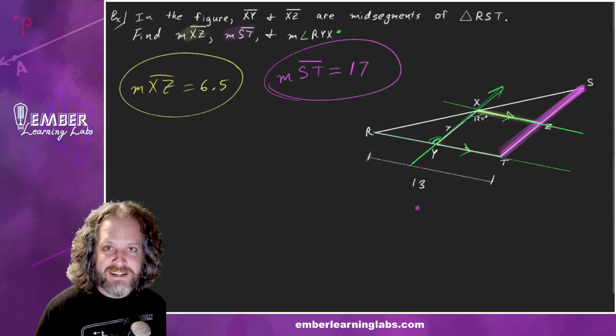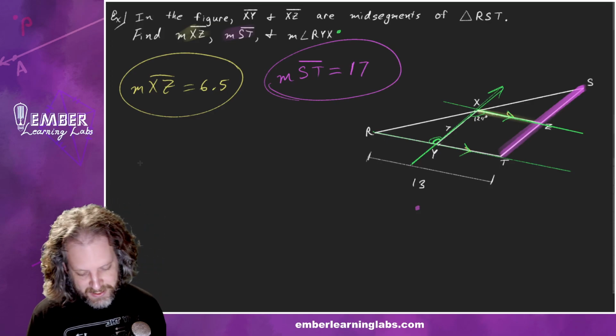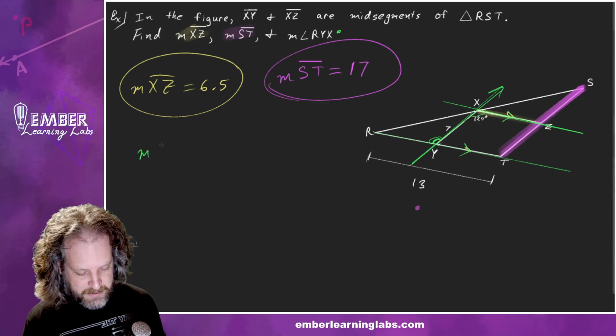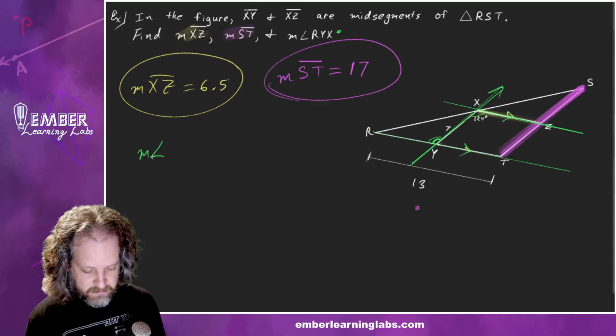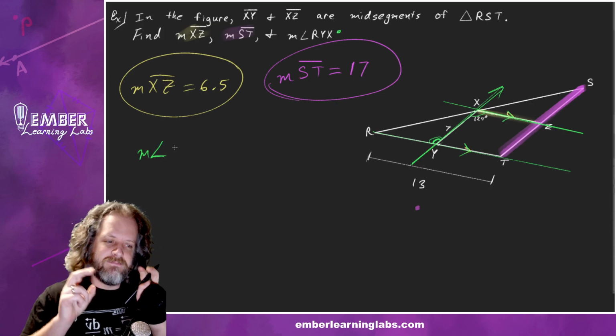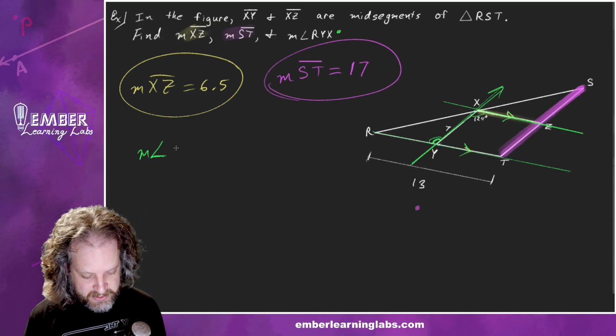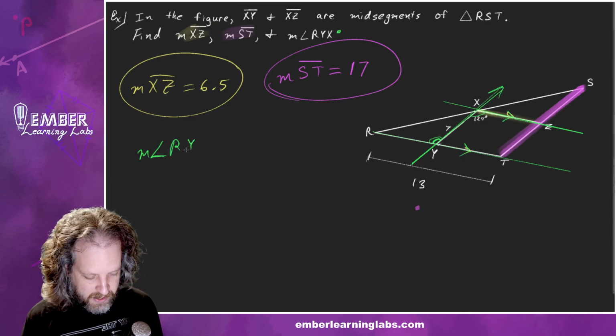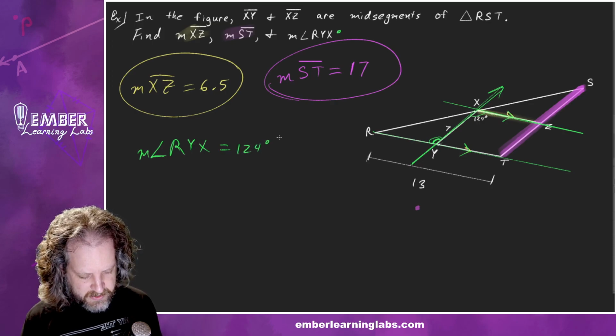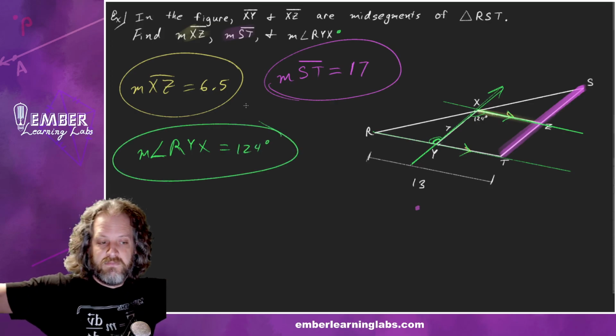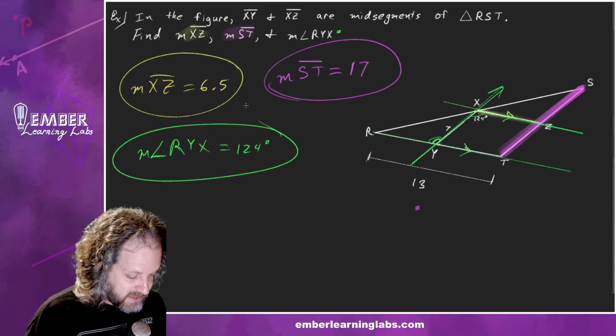Those are alternate interior angles. They're congruent, which means that without doing any algebra, any arithmetic really, we can just say that the measure of angle RYX equals 124 degrees. There you go, right? That's easy peasy.